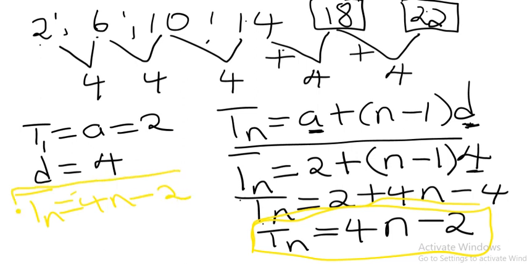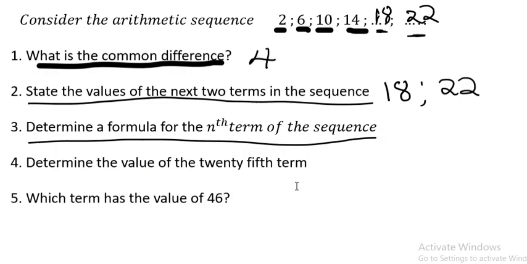All right, so we have answered this question, which says determine the formula for the nth term of the sequence. So it's going to be Tn is equal to 4n minus 2. We are done answering the question now.